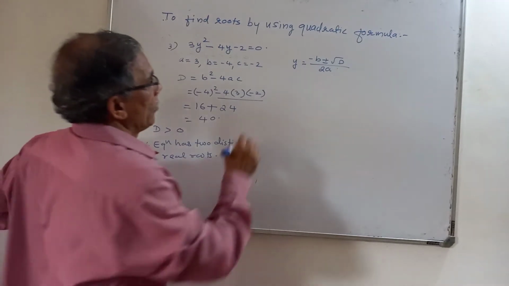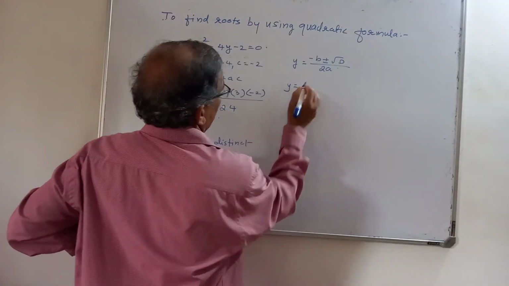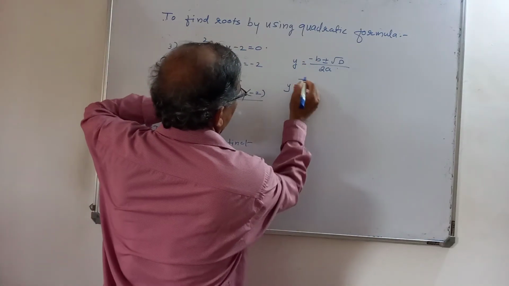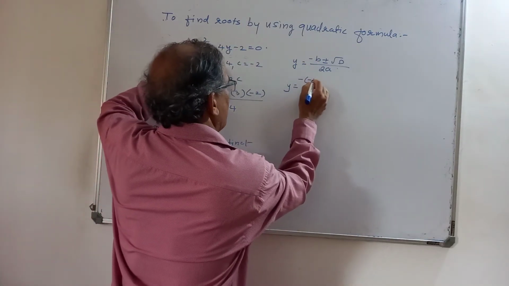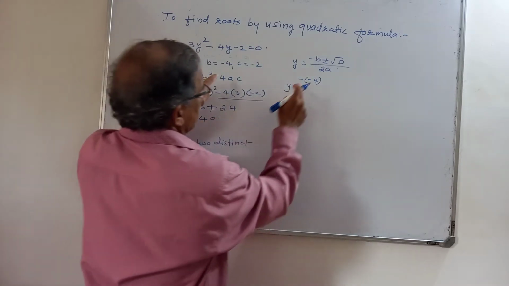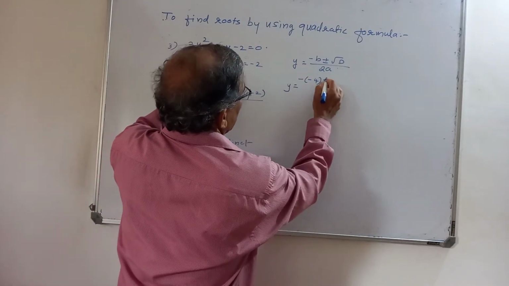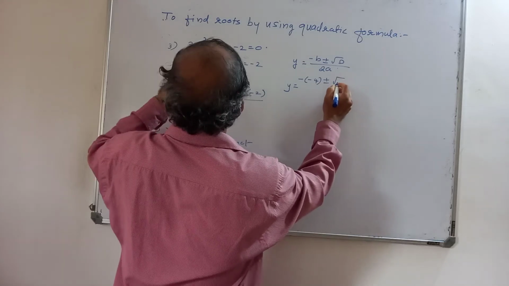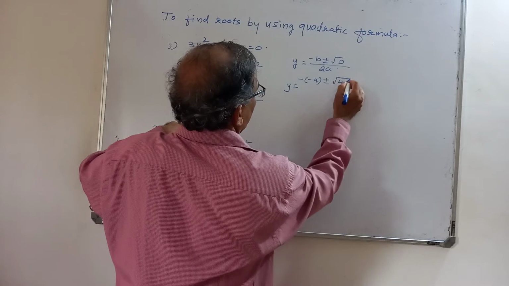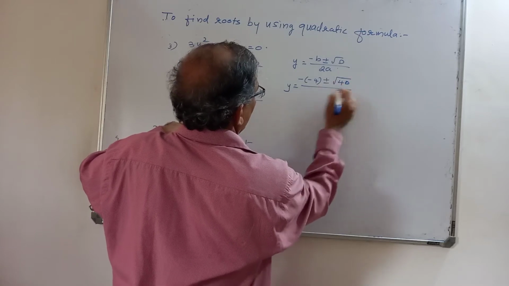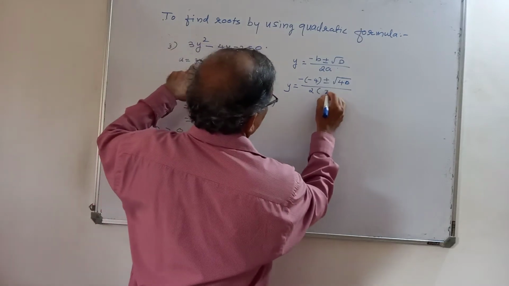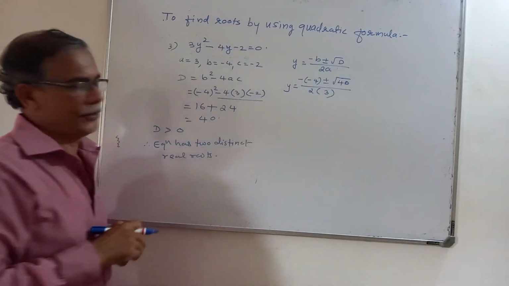So now y is equal to minus B. This minus from the formula and B itself is minus 4. See here carefully. Plus or minus root D means how much? 40. Root D means 40, and whole upon 2 into A means how much? 3. So this is our substitution.